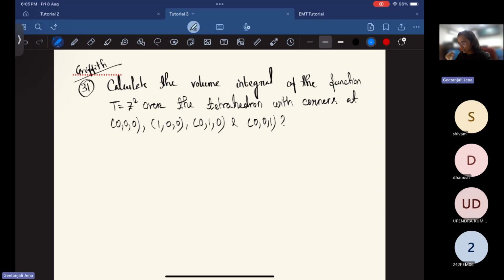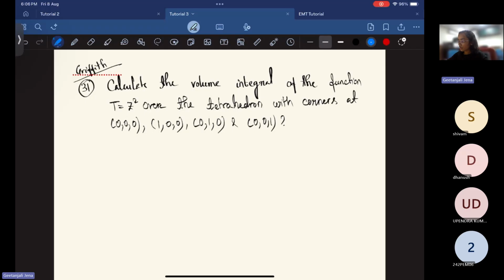This problem is from Griffith. One of the students asked about solving question number 31 from Griffith, so let me start solving it. This question is based on calculating the volume integral of a function over a tetrahedron which has corners at 0, 0, 0; 1, 0, 0; 0, 1, 0; and 0, 0, 1.